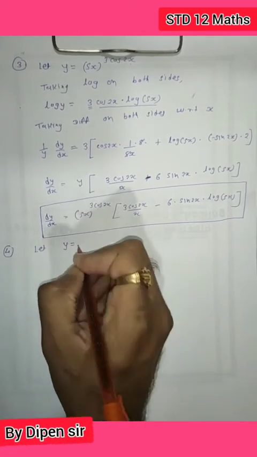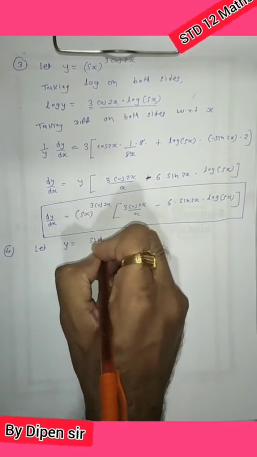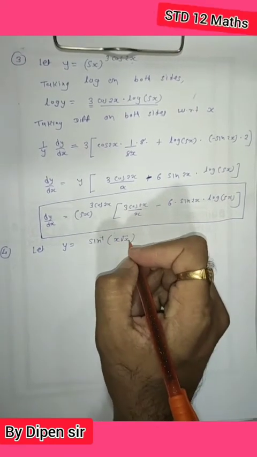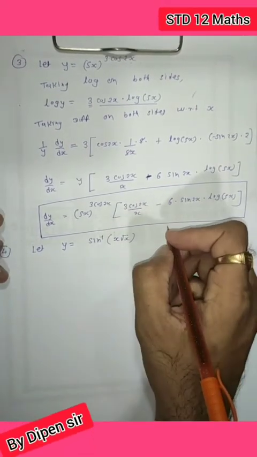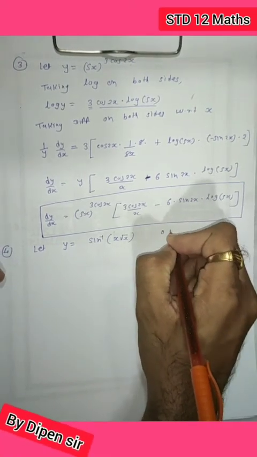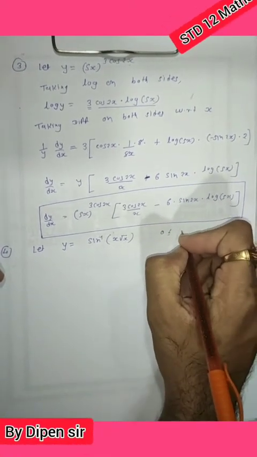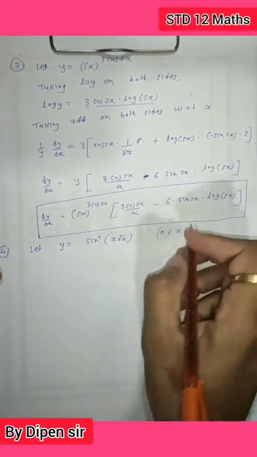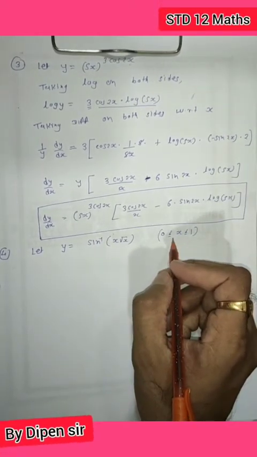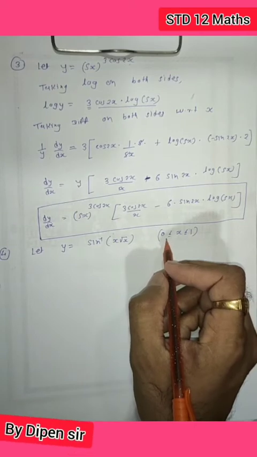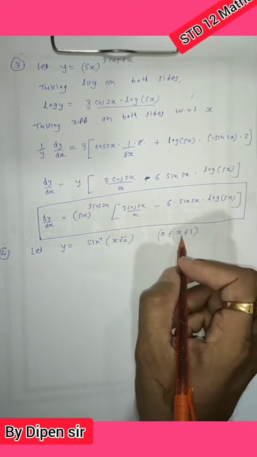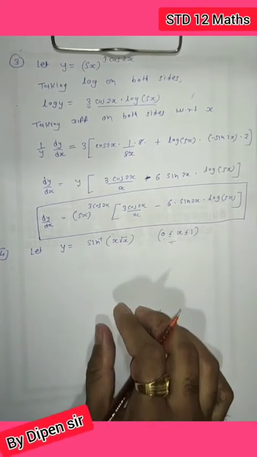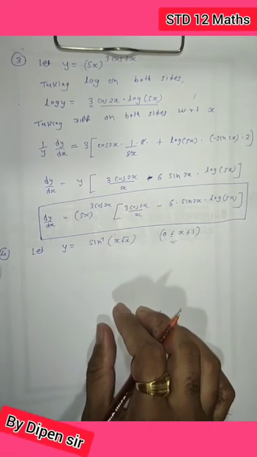So let y equal to sin inverse x into root x, and the condition is 0 less than or equal to x less than or equal to 1. So for the value of x in the closed interval 0 to 1, this sin inverse x is defined, and that's why this condition is given.